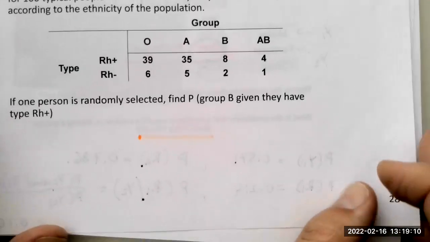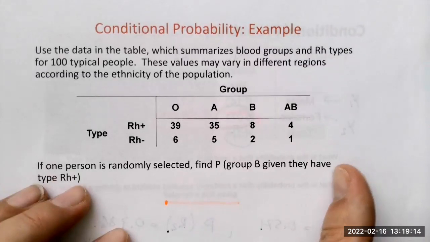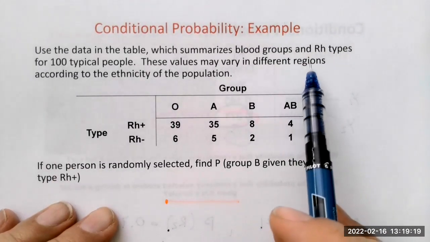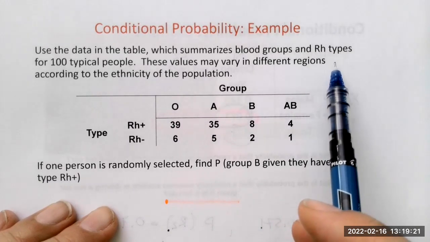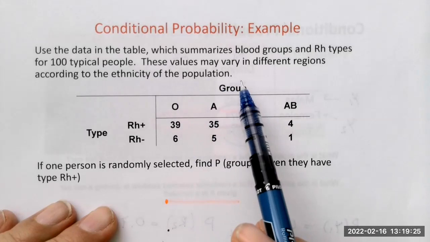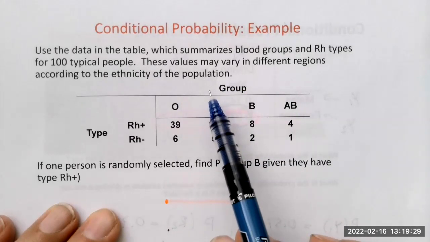So let's practice one more example for finding conditional probabilities. It says use the data in the table, which summarizes blood groups and RH types for 100 typical people. These values may vary in different regions according to the ethnicity of the population.